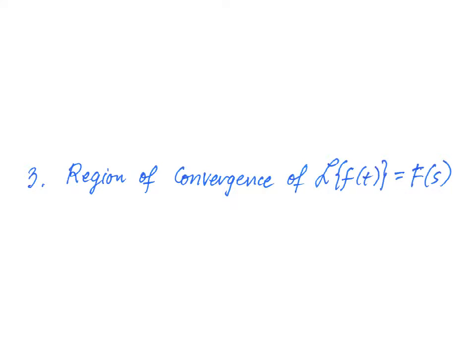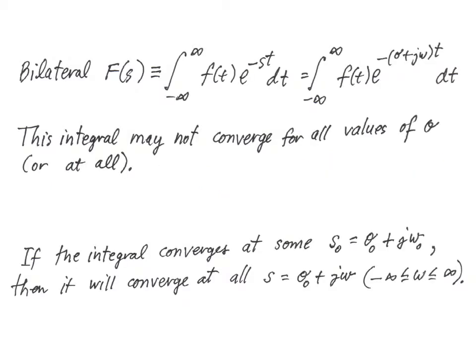Let's look more at this region of convergence. So the bilateral Laplace and also the unilateral Laplace transforms may not converge for all values of sigma in this expression, if at all they converge.